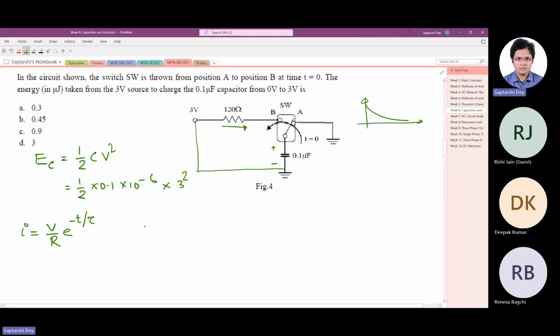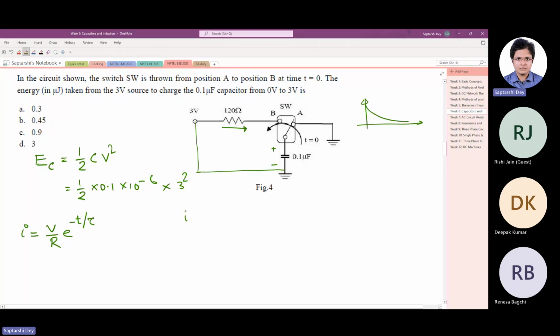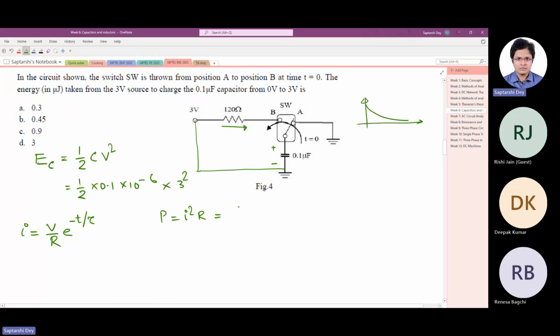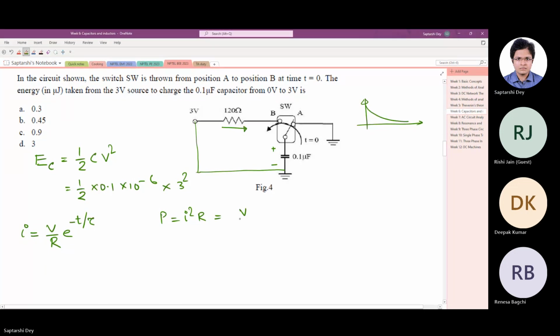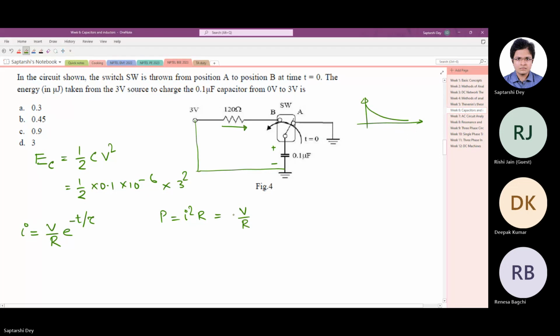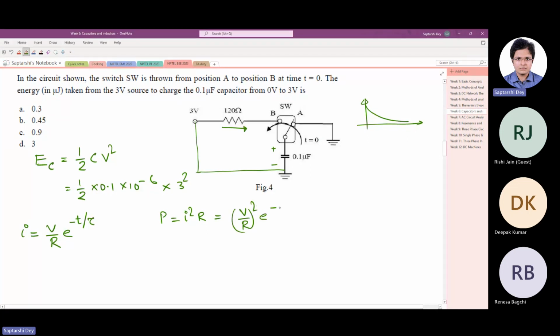So now if I can find out the power and the energy, we can find out how much is lost. I squared R is the power lost in the resistance. So it is (V by R) squared times e to the power minus 2t by tau.